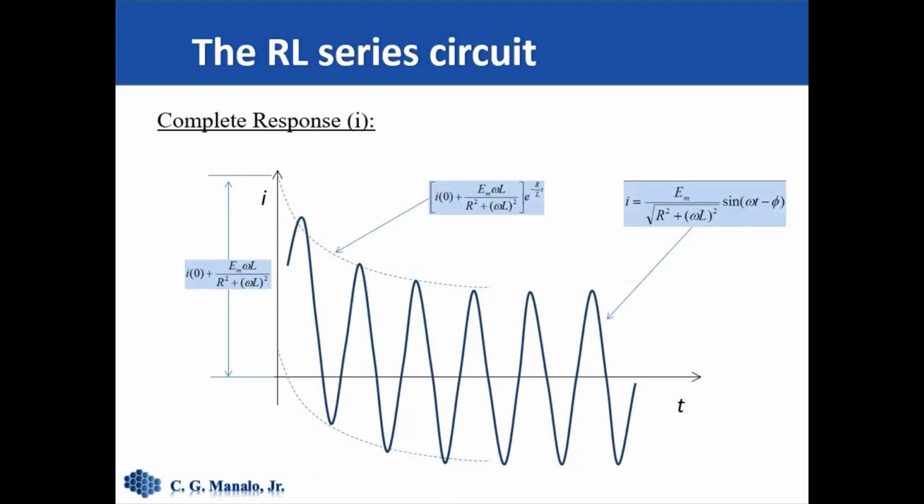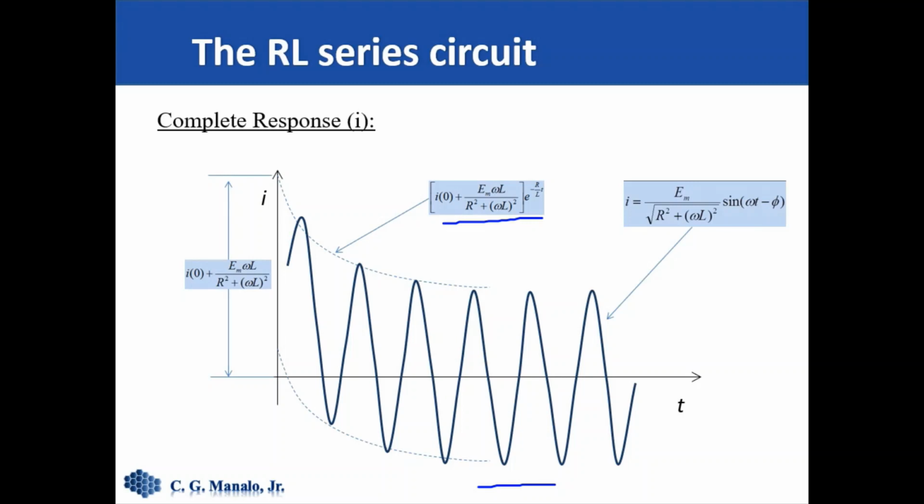We can have a graphical view of the response by plotting the formula for I, and that will give us a graph that will look something like this. It looks like a sinusoidal function with a little twist at the beginning, and that's because of the presence of the exponential term there.